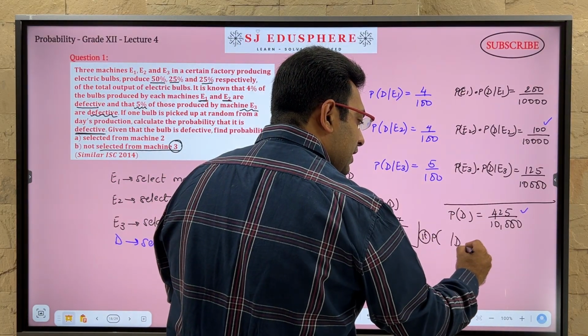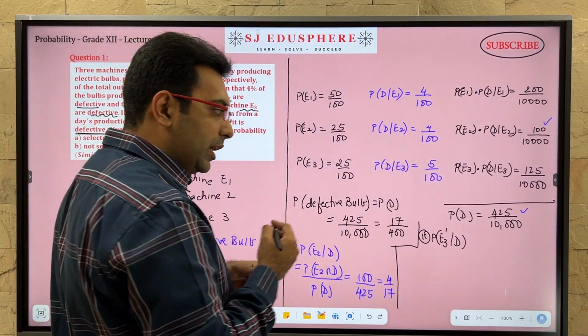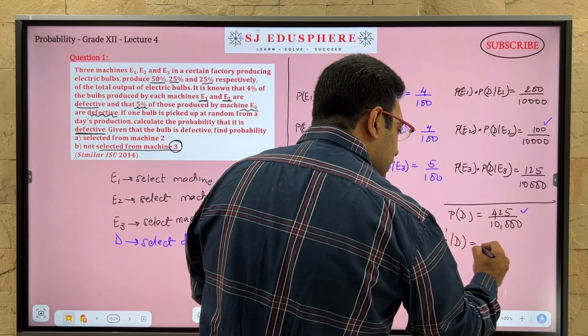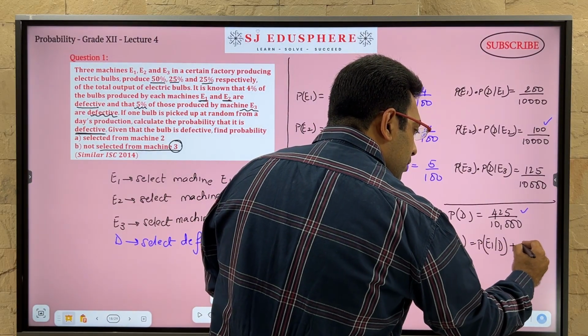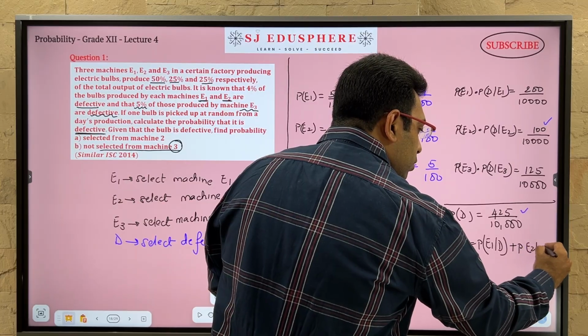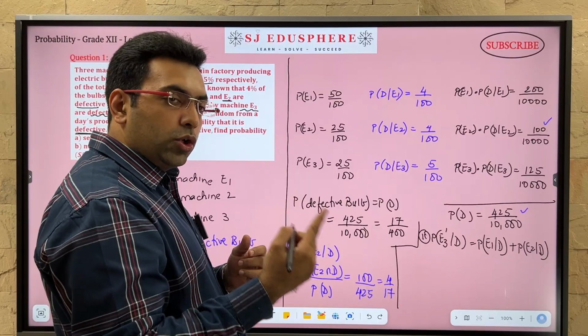given that it is defective, it is not from machine 3 means it is probability E1 given D plus probability E2 given D, means it is from machine 1 or machine 2.